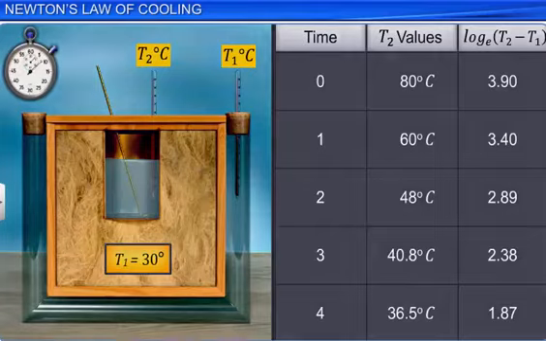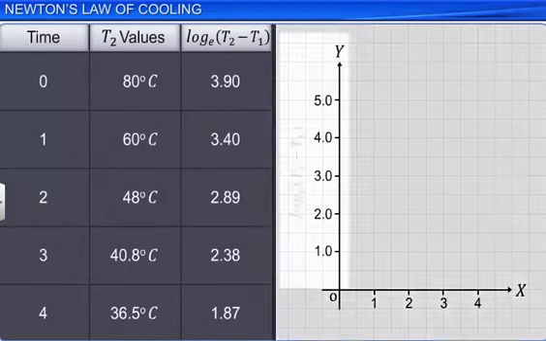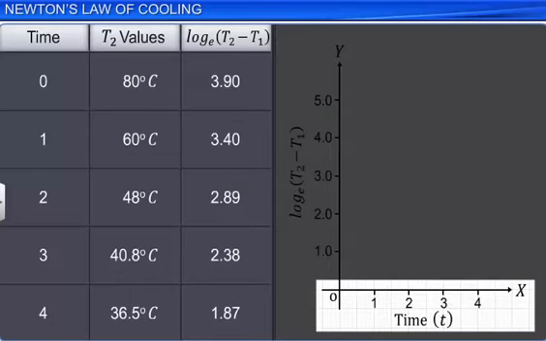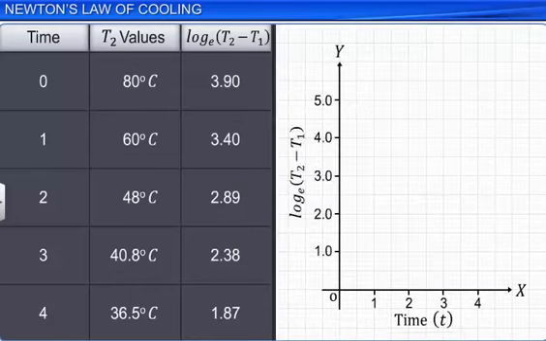When a graph is plotted with log to the base e, T2 minus T1 along the y-axis and time t along the x-axis, based on the experimental results, we get a straight line with a negative slope.